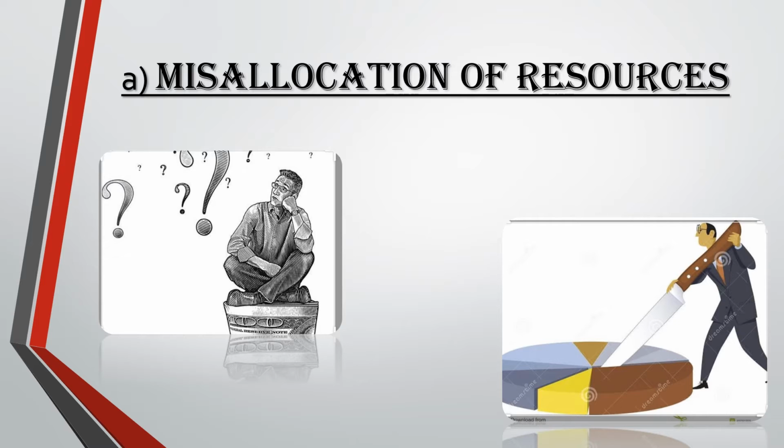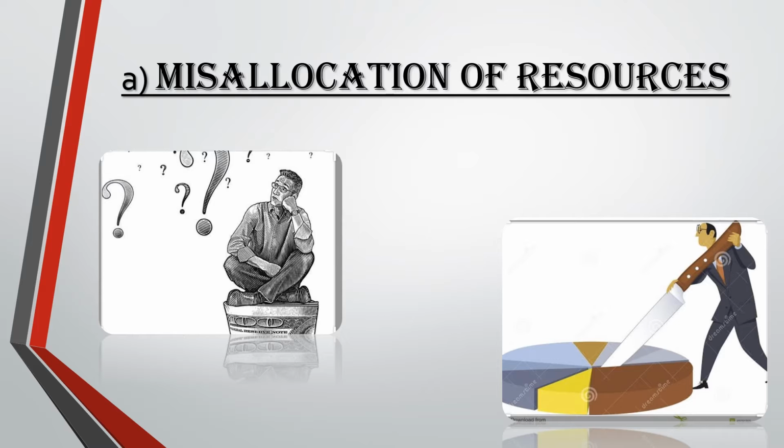Inflation causes misallocation of resources when producers divert resources from the production of essential to non-essential goods from which they expect higher profit. This causes a serious problem. Why? Because they want to earn maximum profit. This is the impact of inflation.